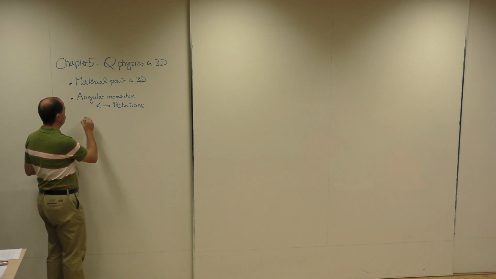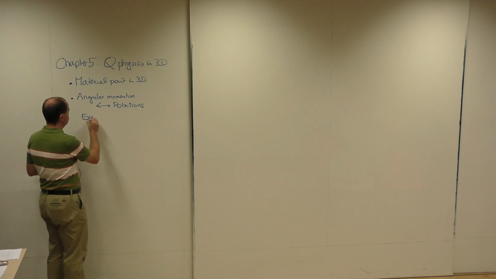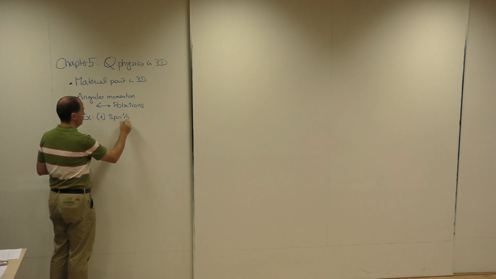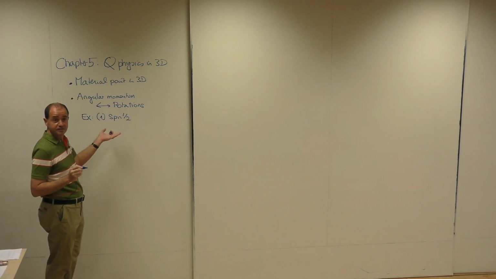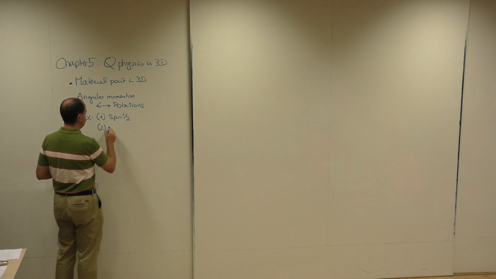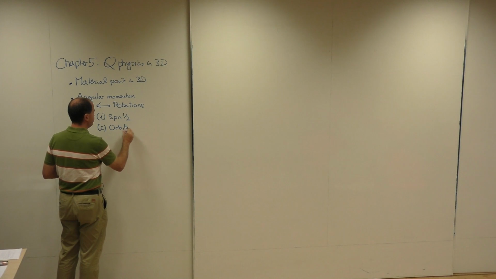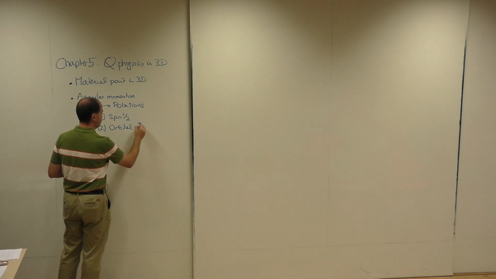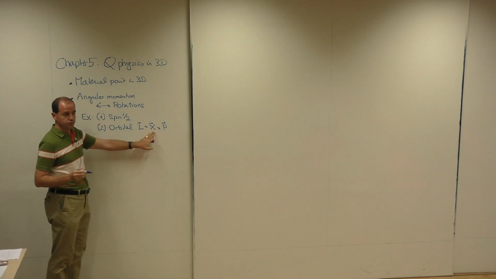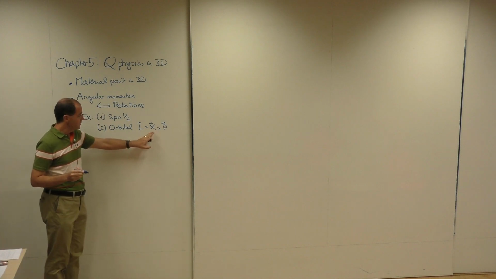In this chapter, there will be two examples. One is spin half, revisited, the same as we did in the two-level system, but now revisited as an angular momentum, and two, the orbital angular momentum, which is L equals x cross p, the same object as you saw in classical mechanics.